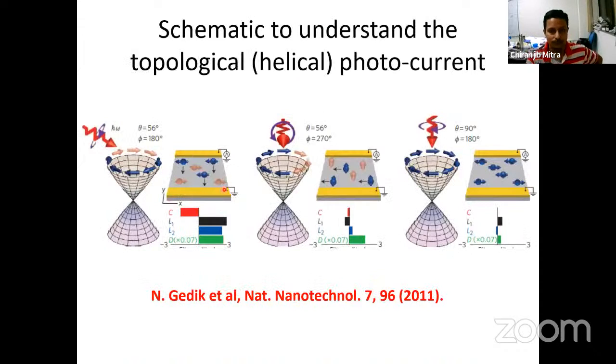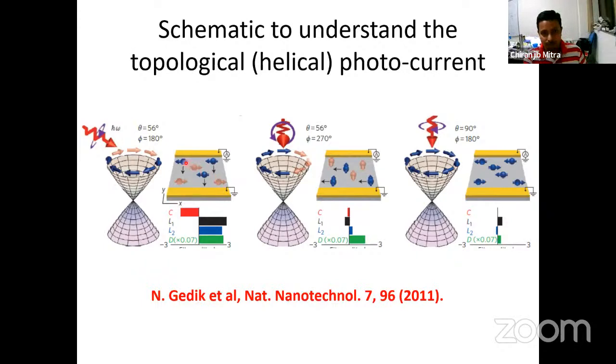So if you see this picture, when I'm coming with linear polarization, linear polarization can be decomposed into equal components of left circularly polarized light and right circularly polarized light. So it doesn't do anything to the surface electron per se, and doesn't contribute to the circular photogalvanic effect.